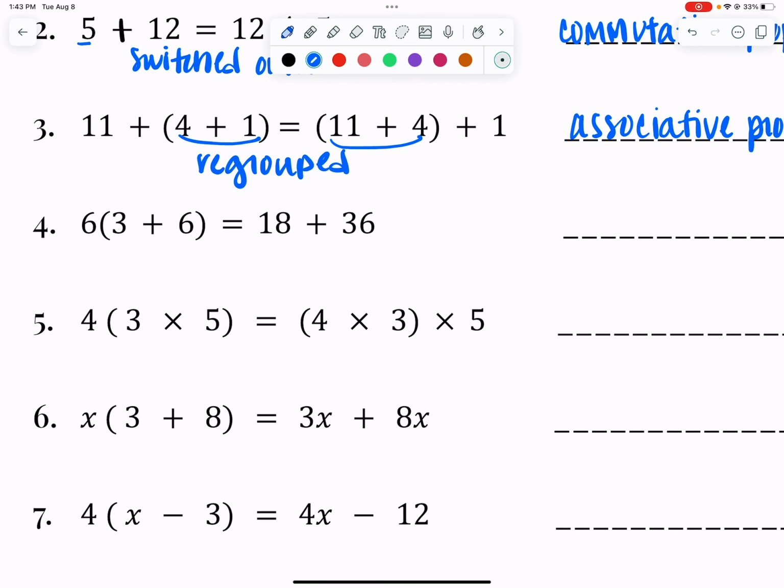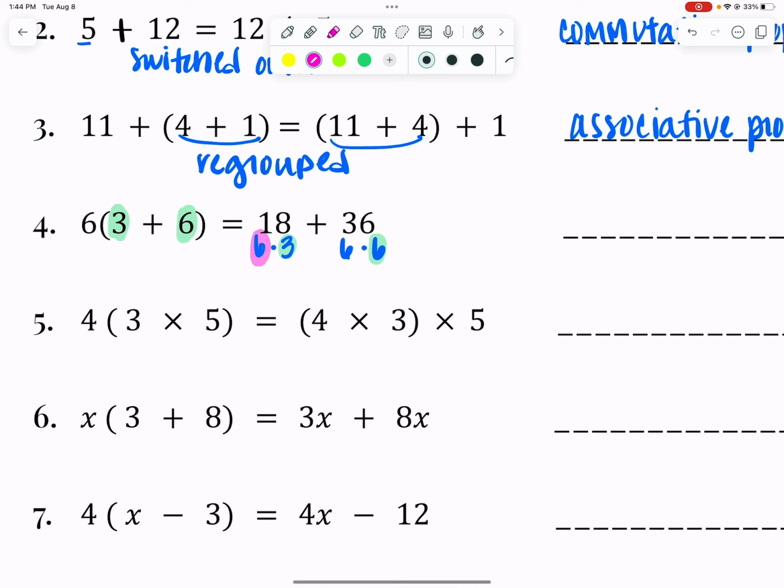Now this one looks a little different. I'm going to see if maybe I can rewrite that right side. I know 18 is 6 times 3, and I know 36 is 6 times 6. Then if I look at it a little bit closer, I see that 3 and that 6 inside the parentheses.